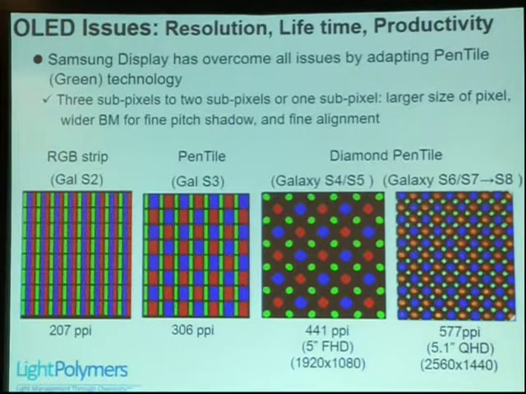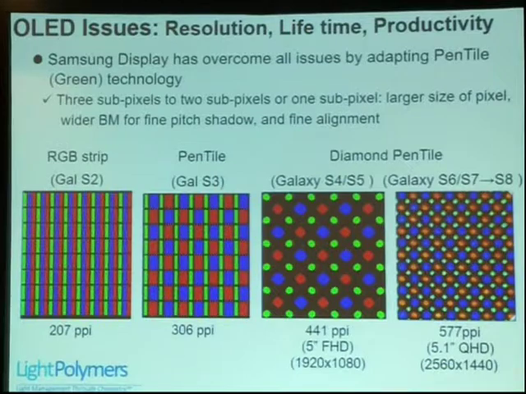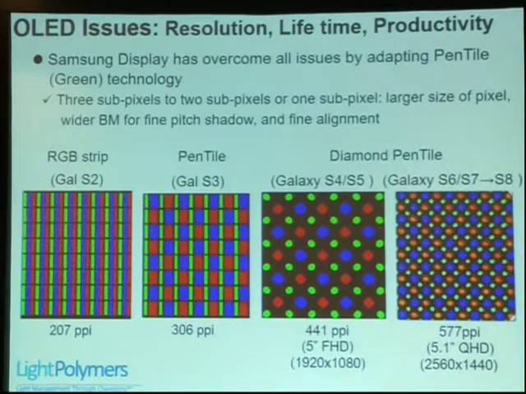By the way, PenTile technology follows the other color. For example, there is a green and blue color, and you follow the red and green. So that's why the 3 pixels go to 1 pixel. That's, I think, the key technology to solve all the issues, which were resolution.